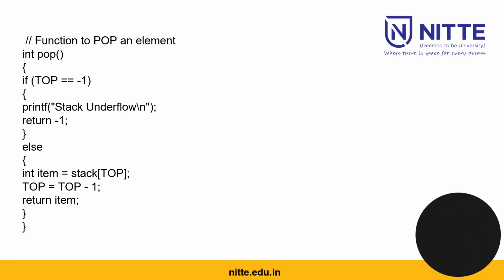Since we have decremented it, top becomes 3, which means the element has been popped from the stack. Then it will go to the last line, where it is written return item. Return item means it will return the element that was at the top of the stack. So this is how the pop operation happens in the stack.